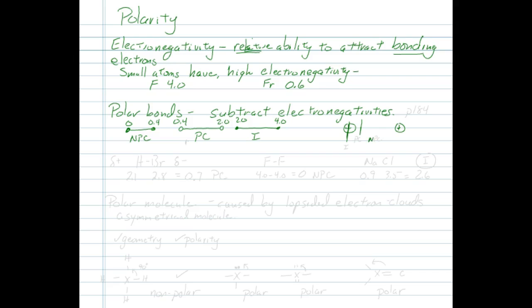So this would be nonpolar covalent, polar covalent, and ionic. So it sends the shifting electron cloud gradually from the middle to one side or the other. These electronegativities are found on page 184 in your textbook.